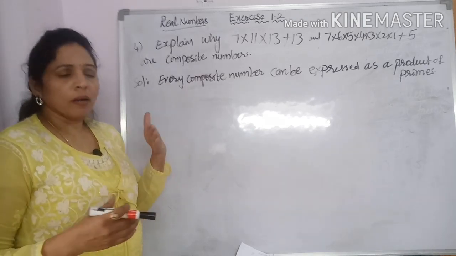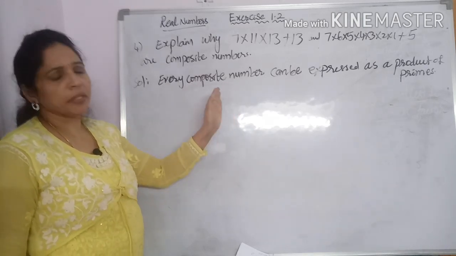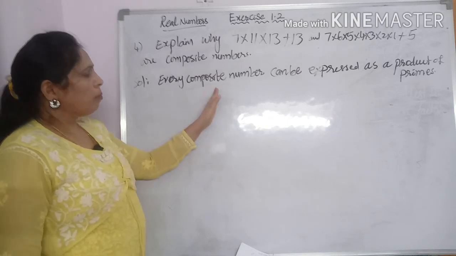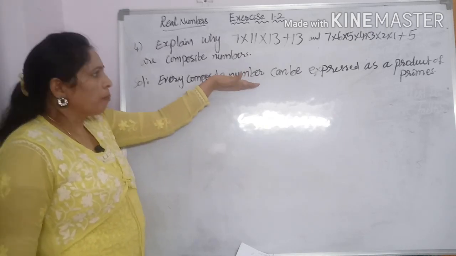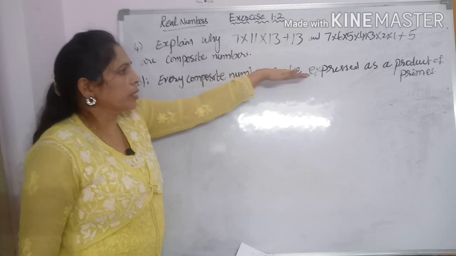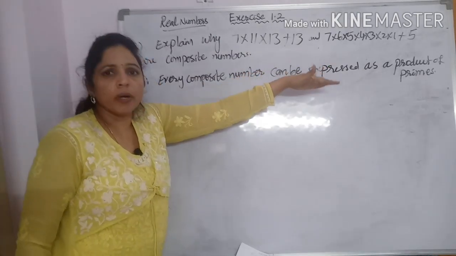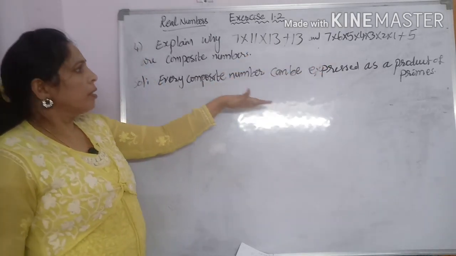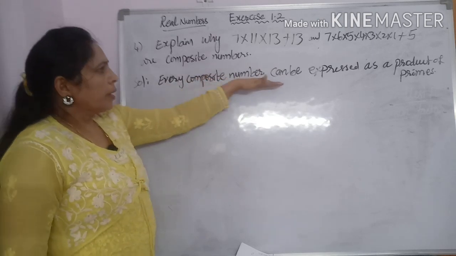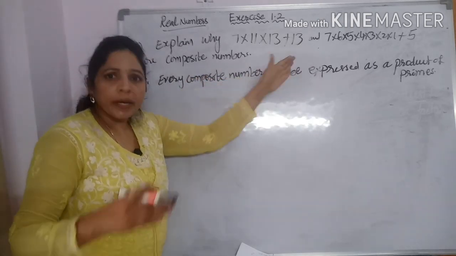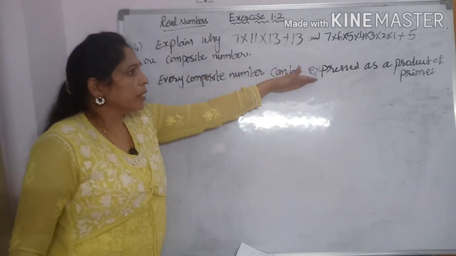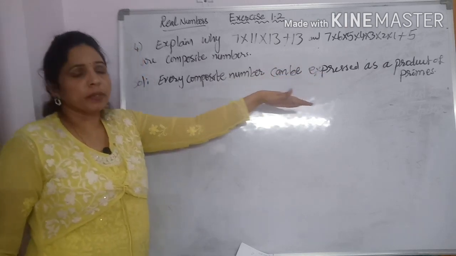So every composite number can be expressed, that means factorized, as a product of primes.